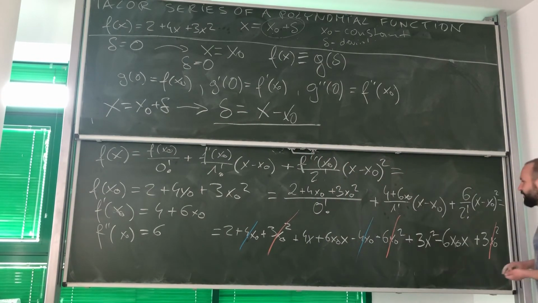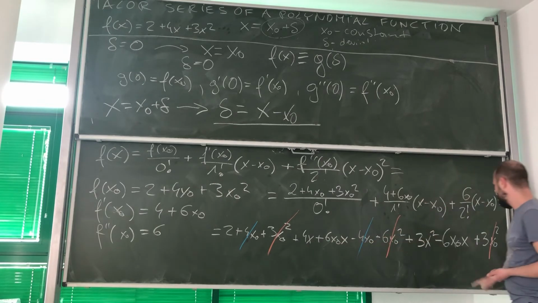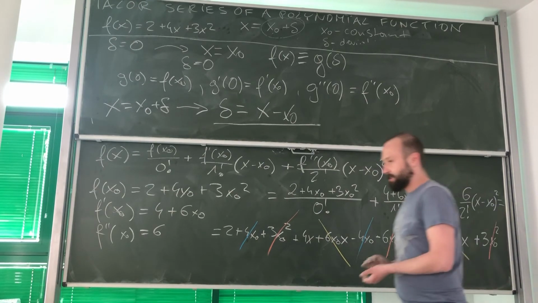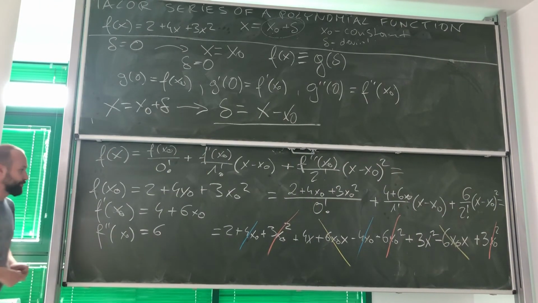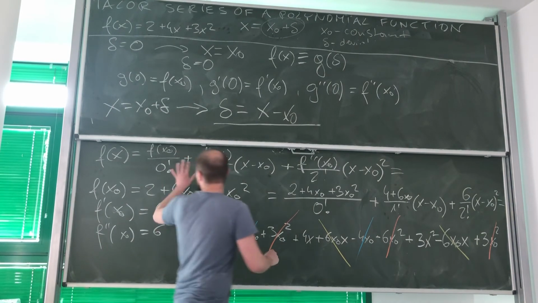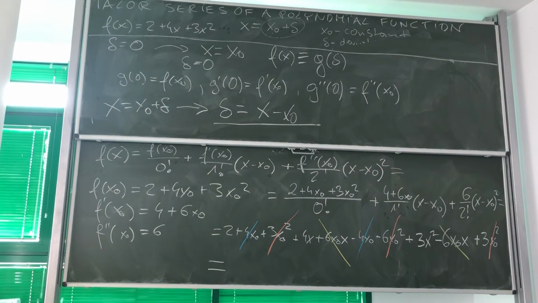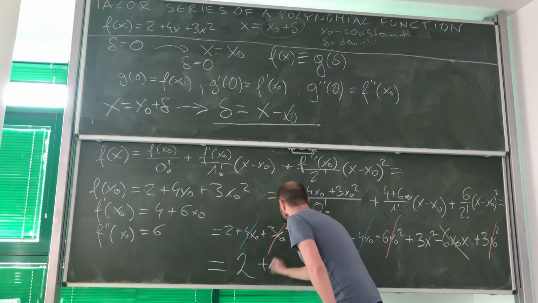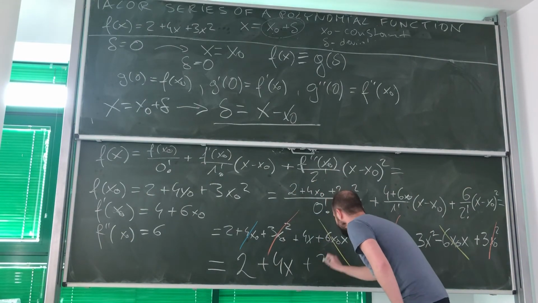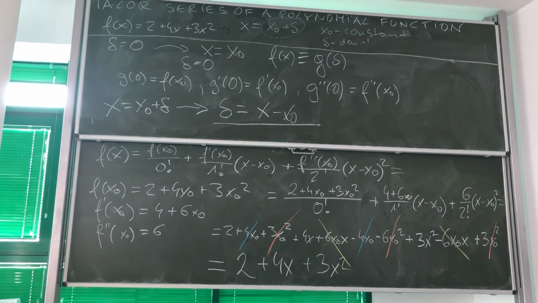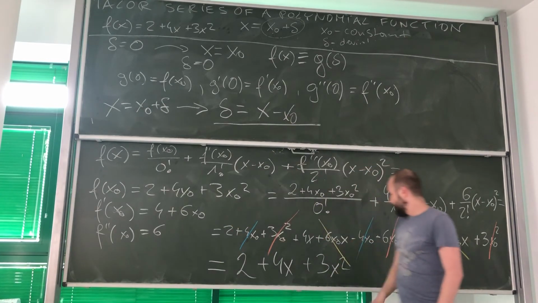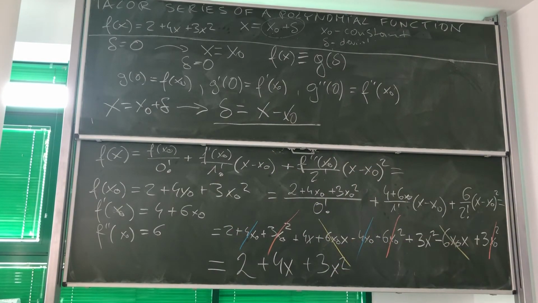Okay, finally, here I have plus 6x0x minus 6x0x. And this is it. This is the solution, right? We got that using this formula, the Taylor formula, we have 2 plus 4x plus 3x squared. So, again, we started with this function, we used the expansion, and we got the correct result.